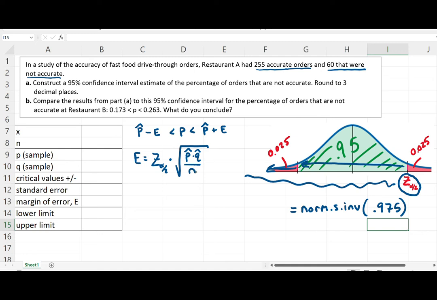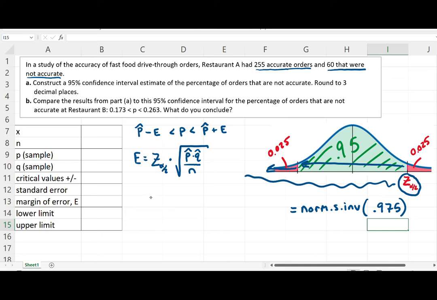Okay, so let's see what we have here. Well, there's 255 accurate orders. There's 60 that were not accurate. So together, if we look at the total number of orders, that's 315.